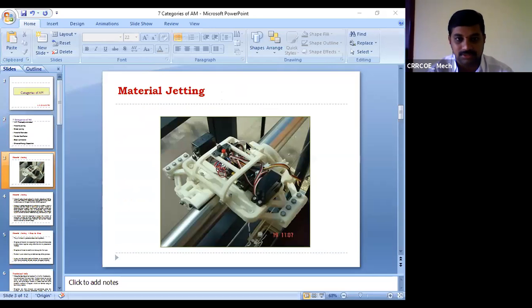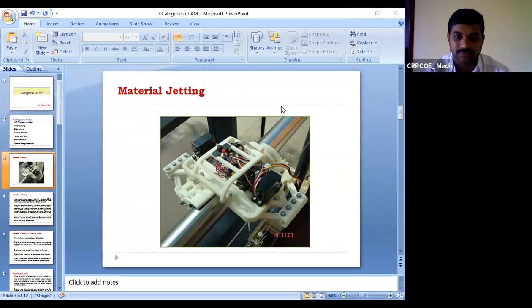But here material jetting is one of the important topics to be discussed. What does jetting mean?